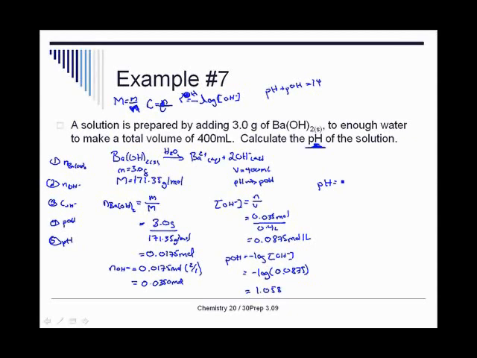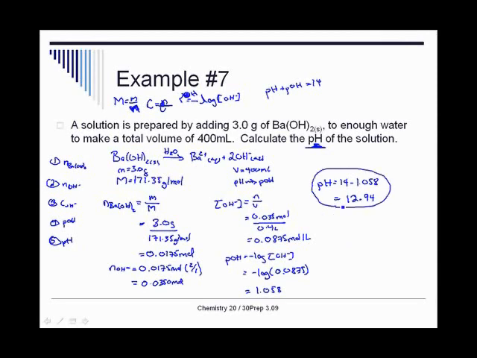So pH is equal to 14 minus 1.058. So 12.94, we want 2 sig digs, so remember for pH and for pOH, it's only the digits after the decimal that are significant. So 12.94.